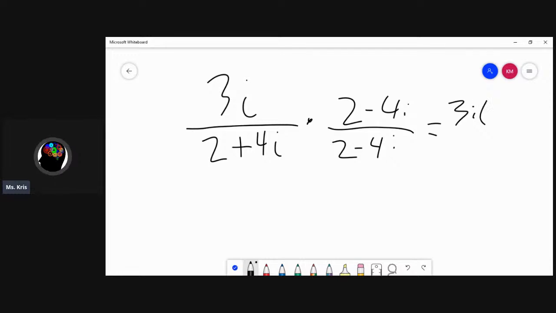So now you have 3i times 2 minus 4i all over, difference of squares still applies here.